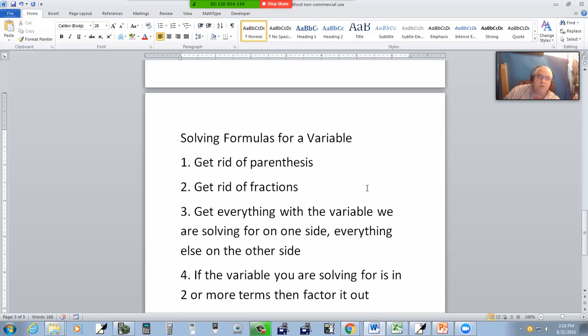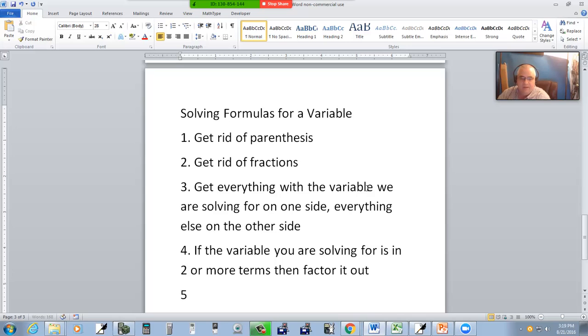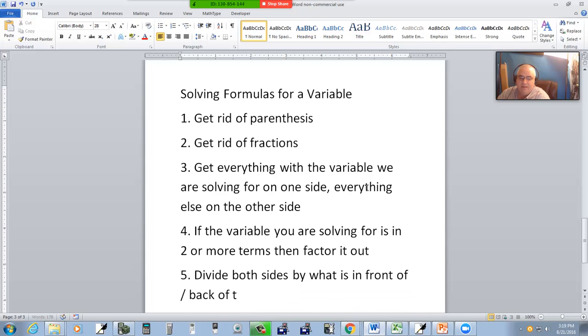They will be for this course, but if you go on, you could have items that have trig expressions or radical expressions in them that are not terms, that just still applies. So if you just have 2 or more of that variable, then you do it. And step 5. Divide both sides by what is in front of or back of the variable we are solving for.